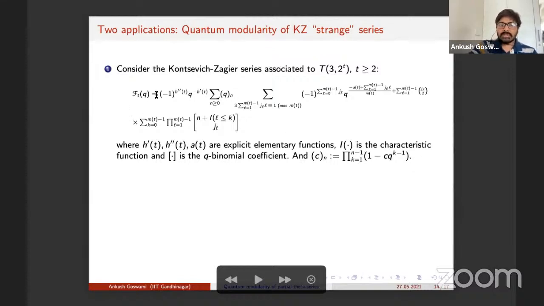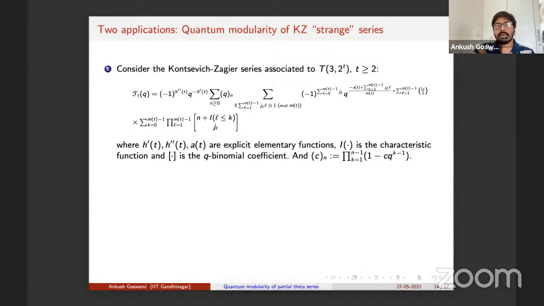And this function F sub t of q is actually connected to this family of torus knots. Let me tell you very briefly how. If you take any knot K, then for this knot you can have a knot invariant, called the colored Jones polynomial. In many applications, you'd like to know the cyclotomic or the non-cyclotomic expansion of the colored Jones polynomial, which is a non-trivial task.